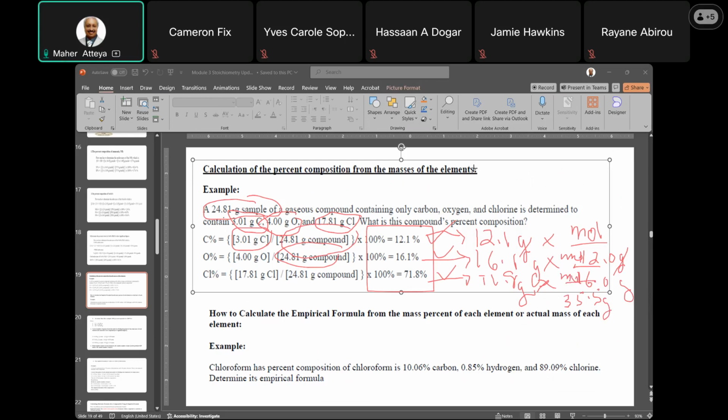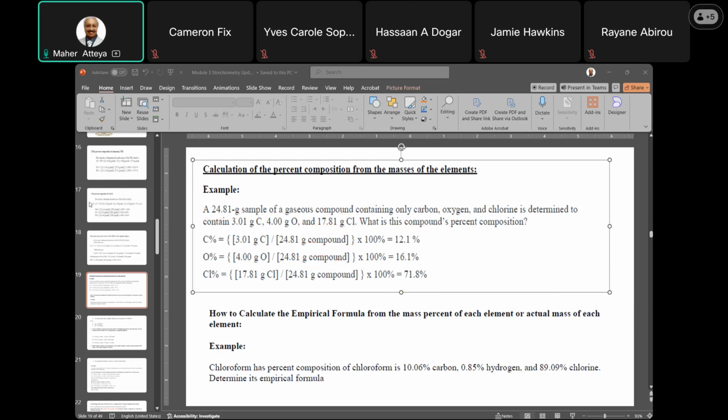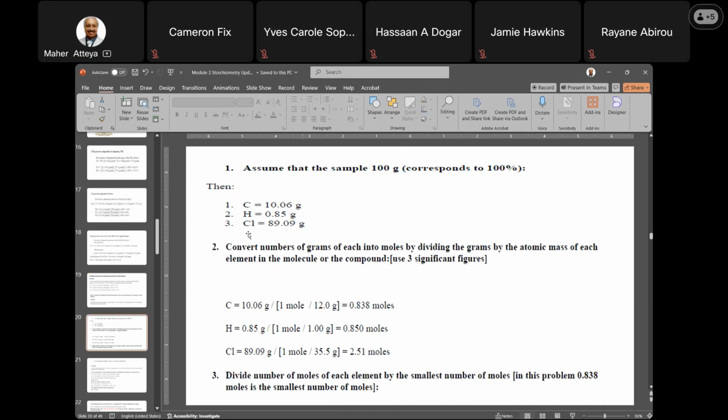As soon as I get number of moles, then I divide by the least number of moles, and that's what the next step is. So that's what I get when I assume 100 grams here, guys. I assumed 100 grams of sample, and then I have the same thing here.